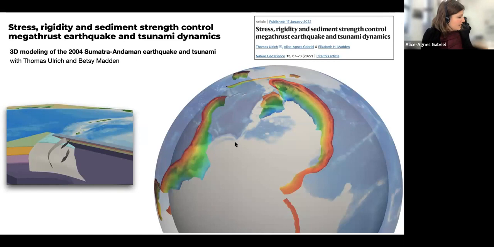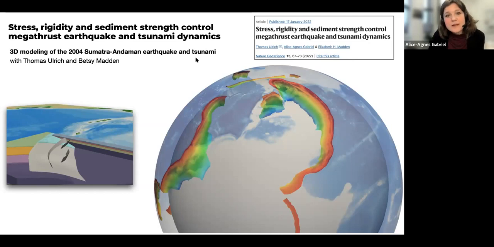In the next part of the talk, I would like to talk about a paper that's been published just a couple of days ago in Nature Geoscience, where we've been using these methods to identify key regional factors driving megathrust earthquake and tsunami dynamics. And we've been talking about stress, rigidity, and sediment strength.